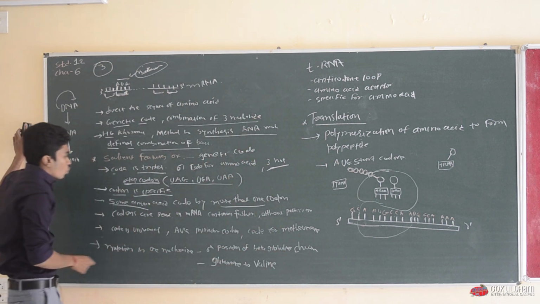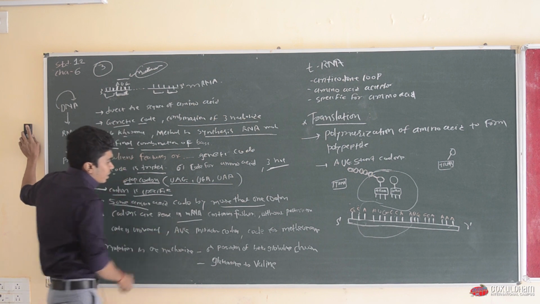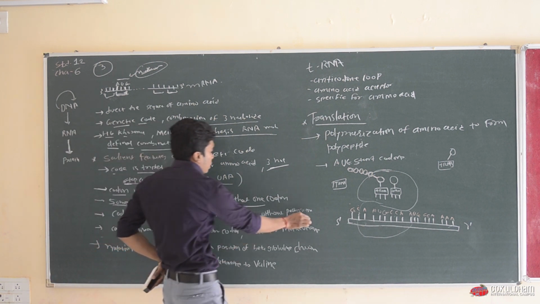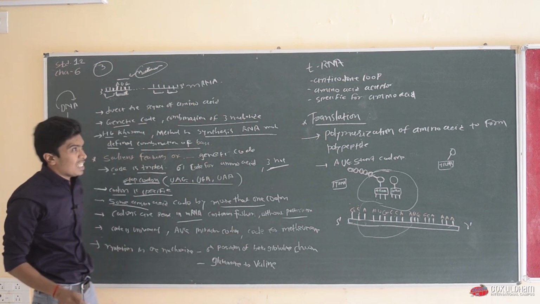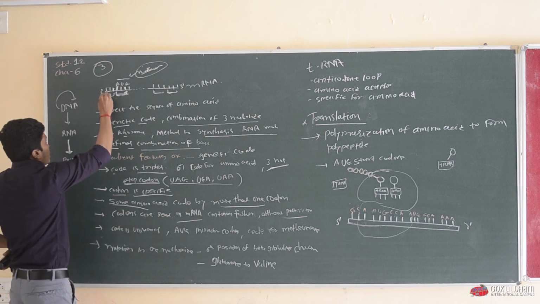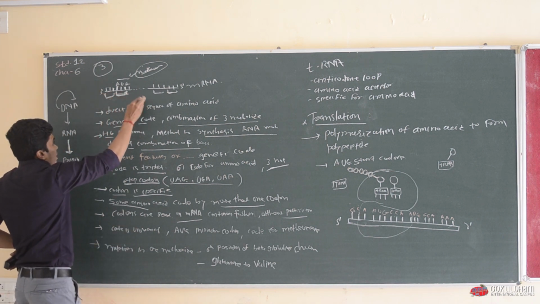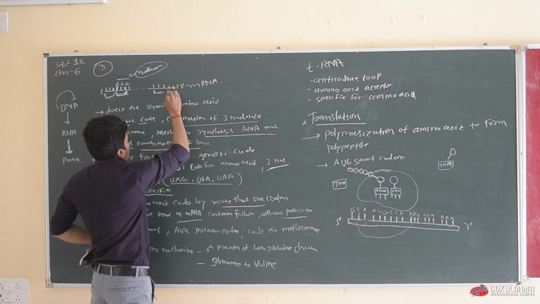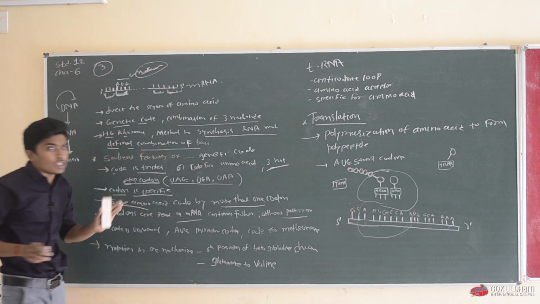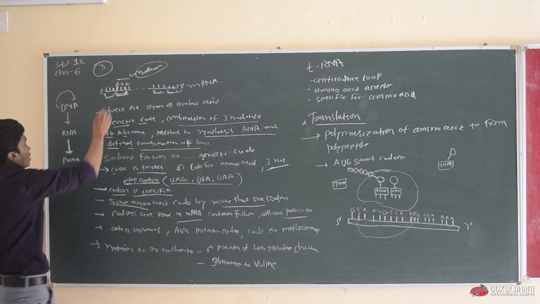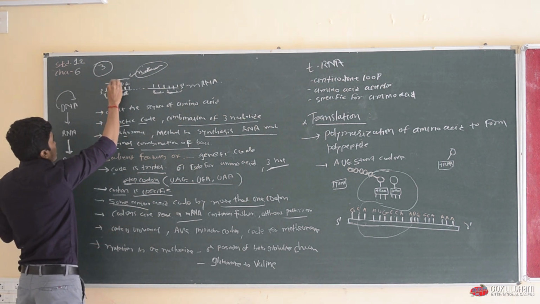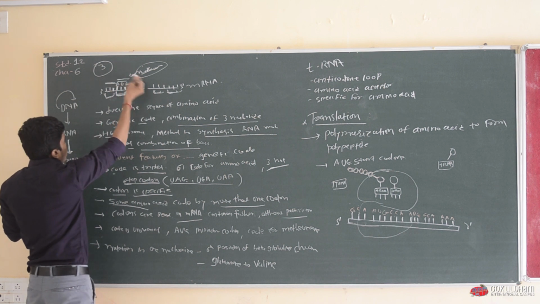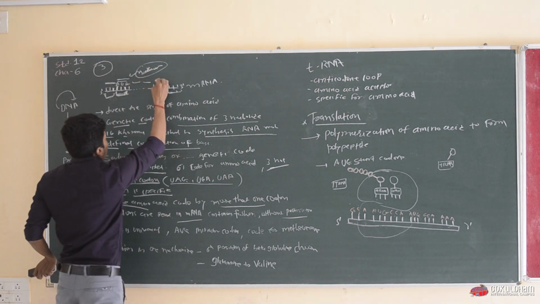Now, codons are read in mRNA in a continuous fashion without punctuation. It means the codons present on the mRNA are read by the ribosome or tRNA in a continuous fashion. First it will read this codon, then this codon, then this, then this.